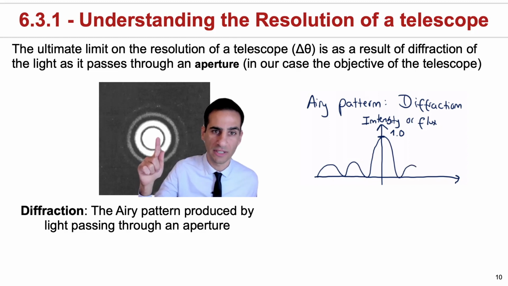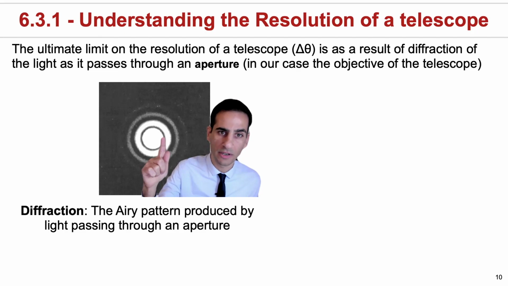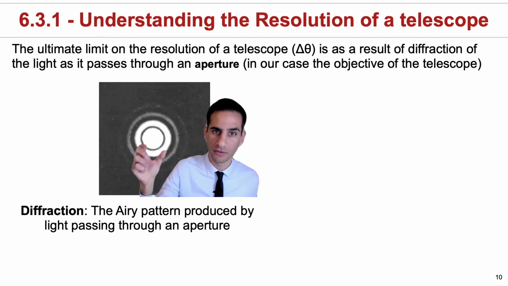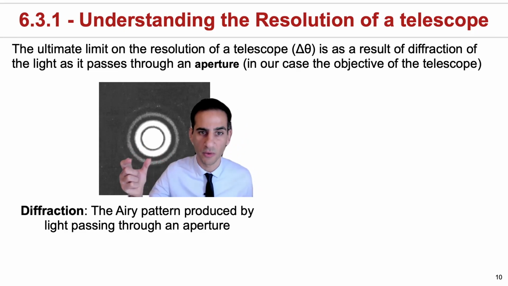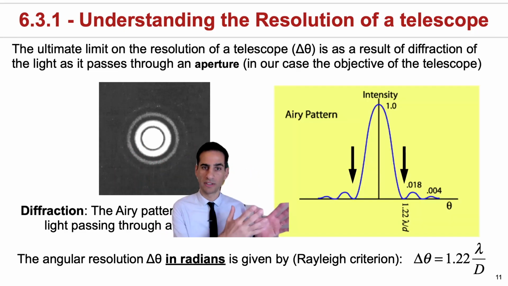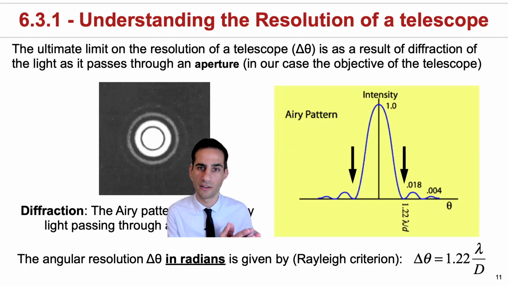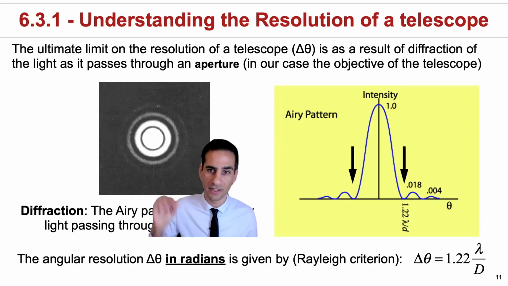The important thing to realize is that the first time that this peak drops to essentially 0 will be given by something like 1.22 lambda over d. And this essentially sets the resolution of a telescope, at least a theoretical resolution. We can see this more clearly on the figure here on the right that is better than my handwriting.